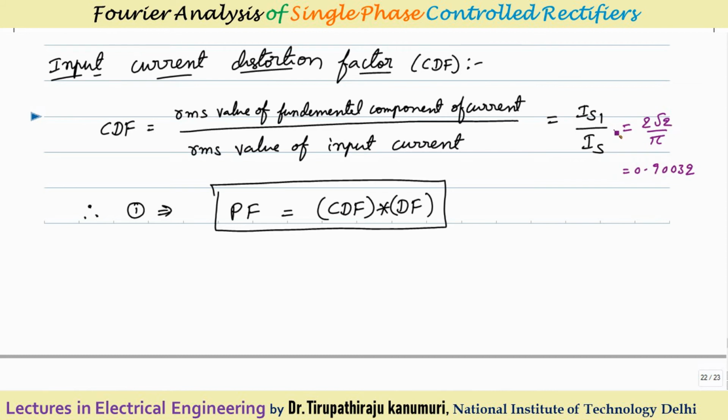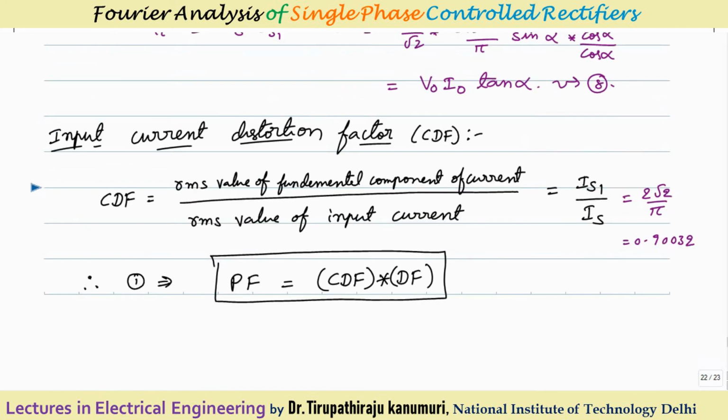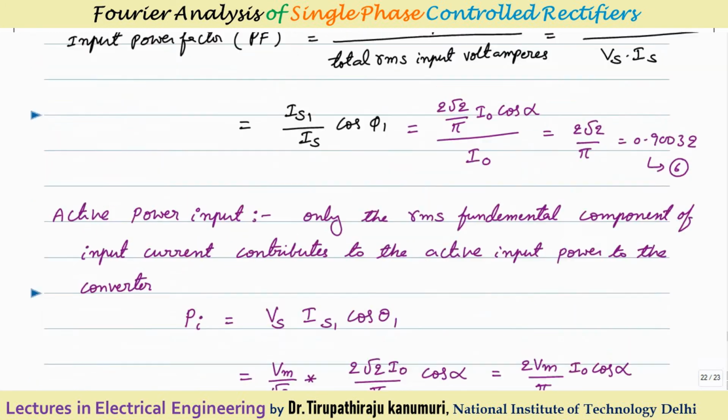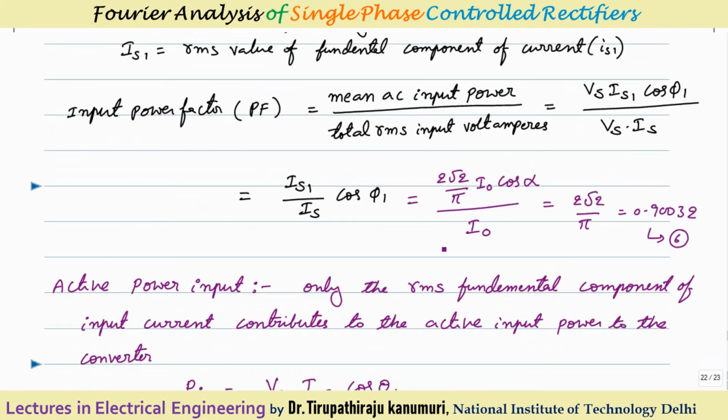If you substitute Is1 and Is, you will get 2 root 2 by pi, which is 0.90032. From this I can represent the power factor as CDF multiplied by DF, because we have seen the power factor is equal to Is1 by Is into cos phi.